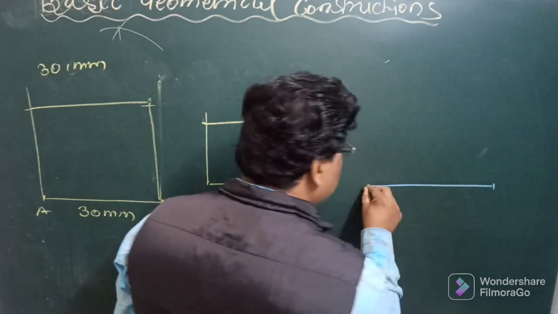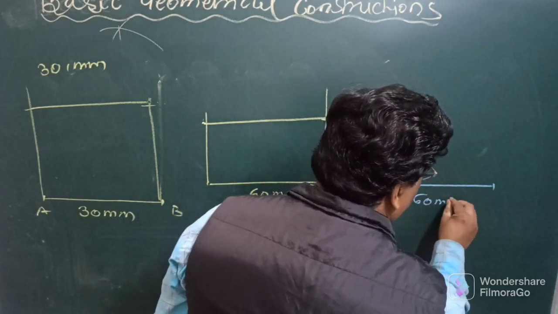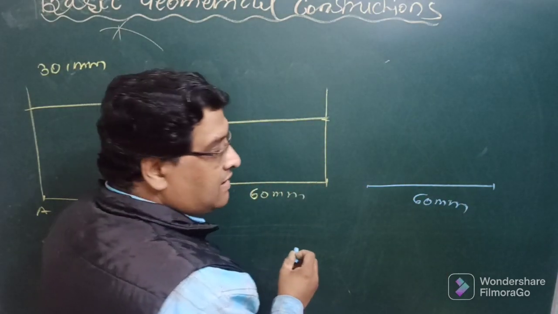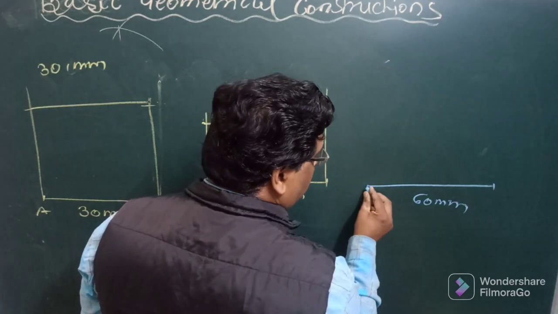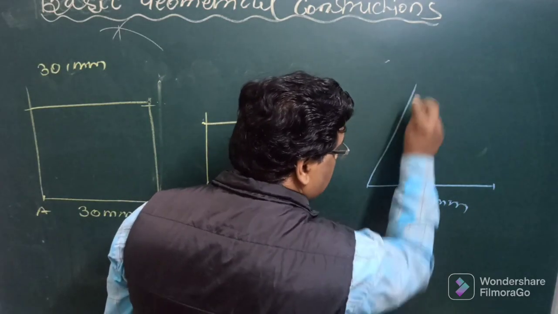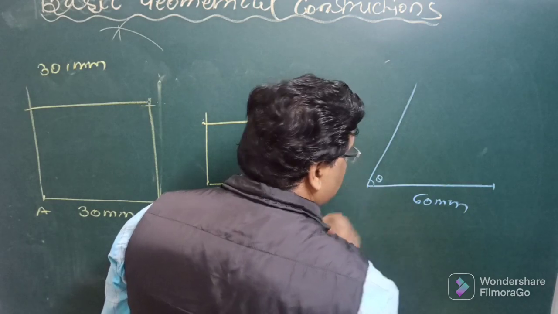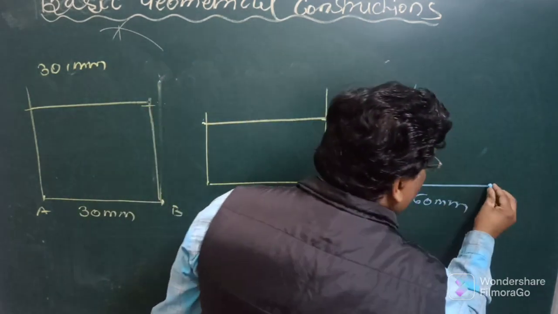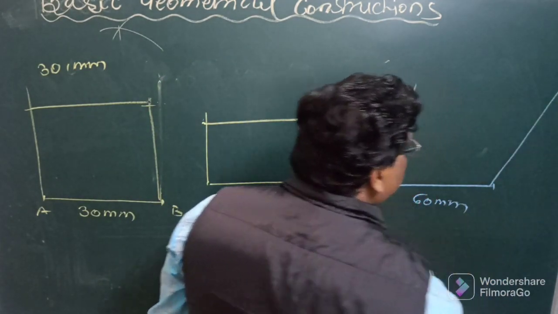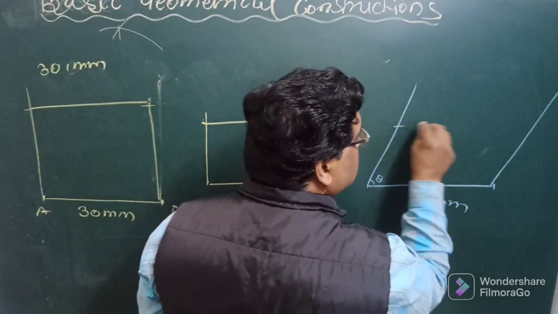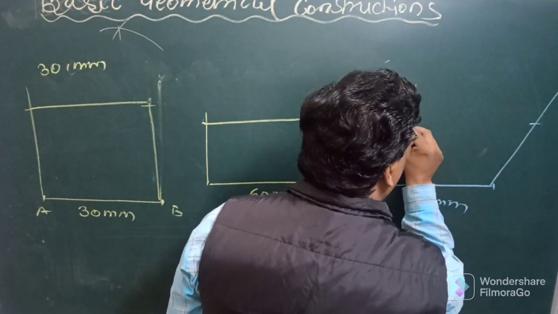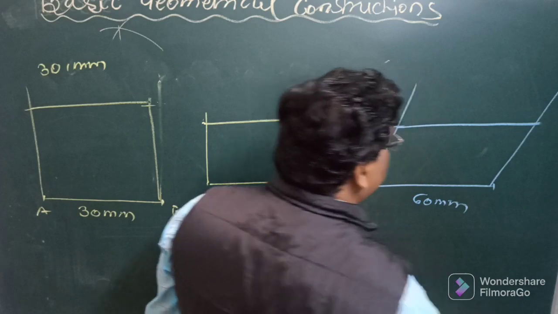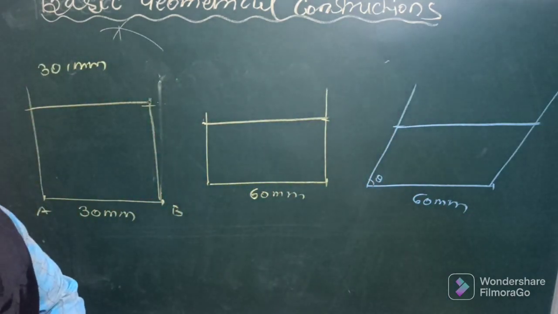Say this is 60 mm, and the included angle of the parallelogram will be provided. So draw that angle here, whatever the angle of the parallelogram is, draw this angle on this side also, and then cut the smaller side on both the lines here, so that the parallelogram is drawn.